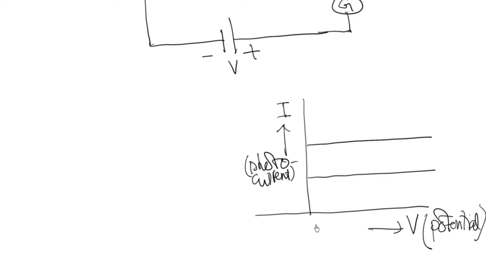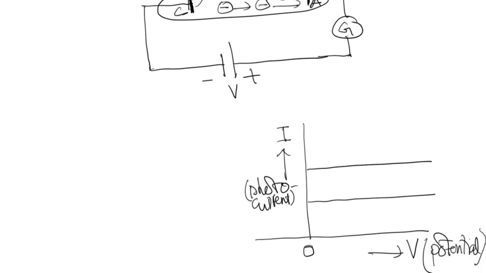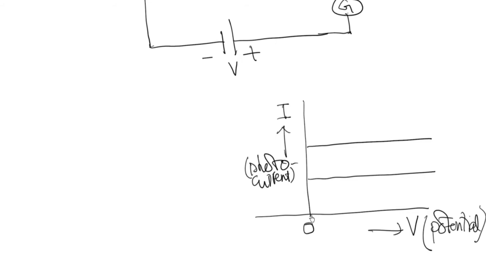For positive voltage or positive potential applied to the two electrodes, say when this A is positive and this C is negative, then we say this is positive potential applied. And in that situation, we see the photocurrent is constant with respect to the applied potential.